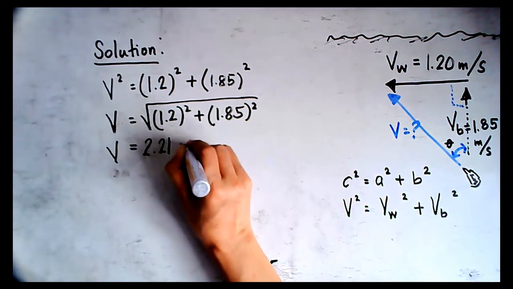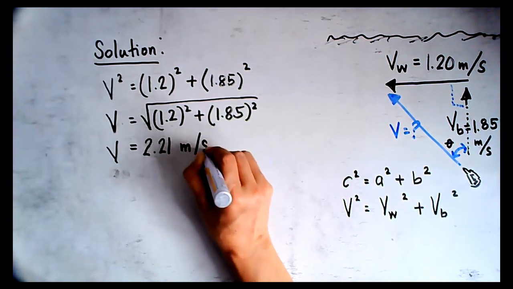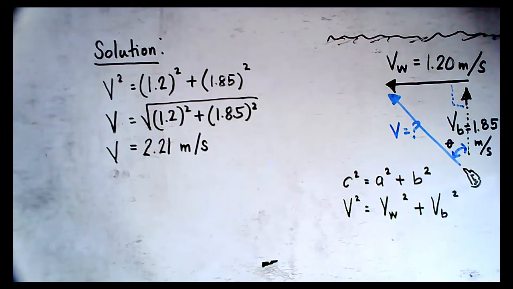The unit is meters per second. But let me proceed with determining the magnitude and the direction. So aside from the velocity, which is 2.21 meters per second, let us try to determine the direction of the velocity.